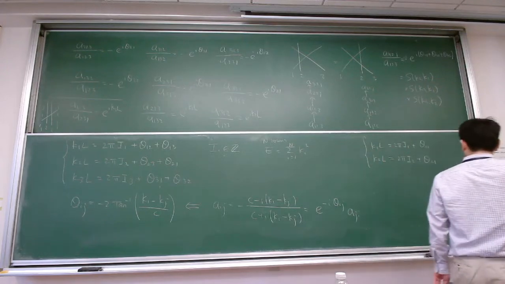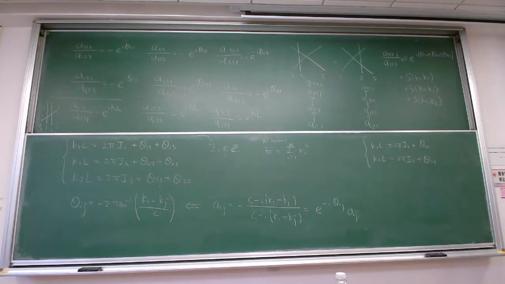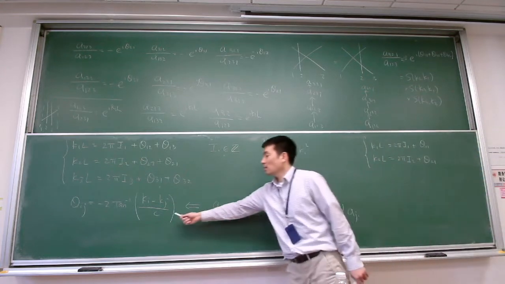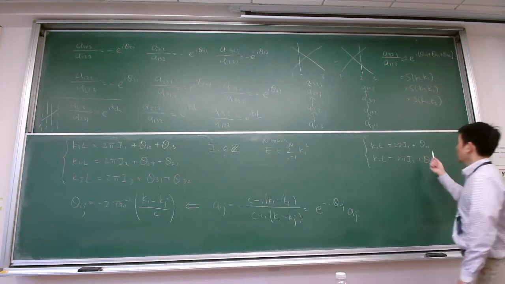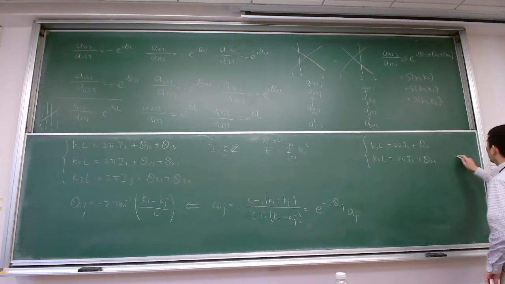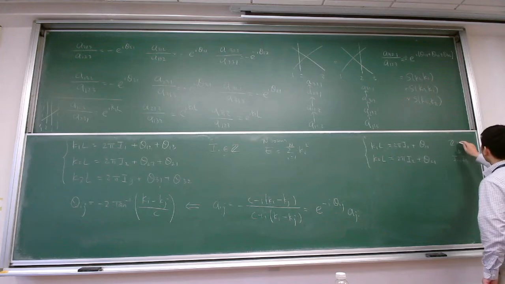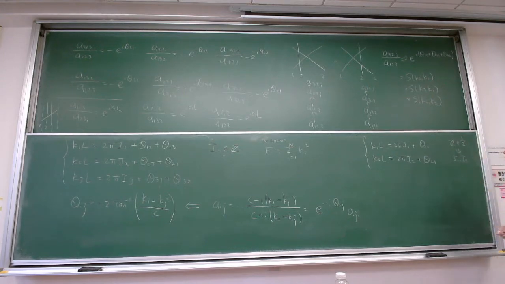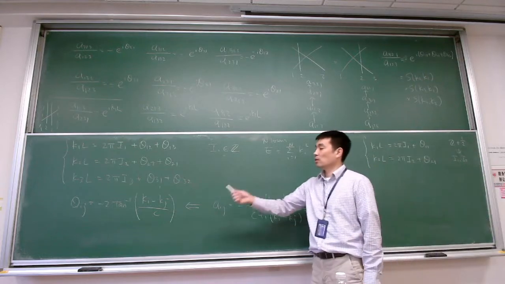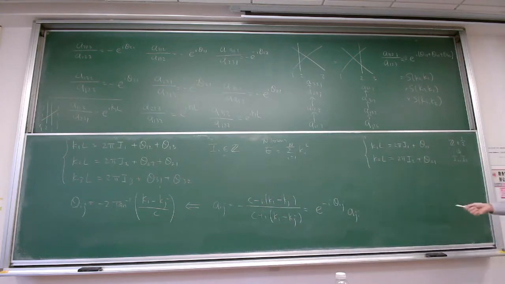This is the free particle state. Given that I1 and I2 are strict half integers, you plug this in here, and you need to solve for k1 and k2.